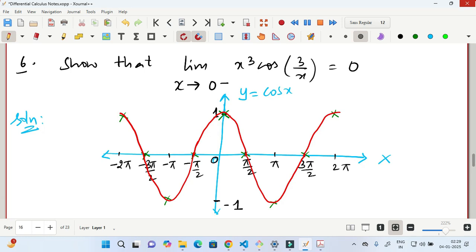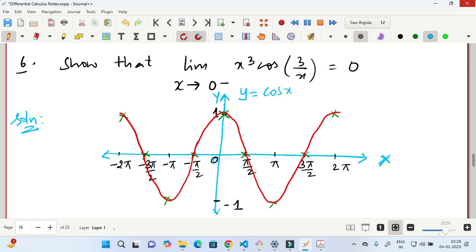So this is the plot of cos x. This is the x-axis and this is the y-axis, so y equals cos x.